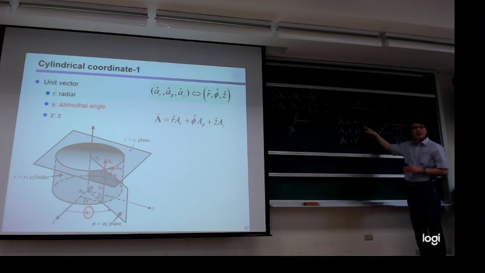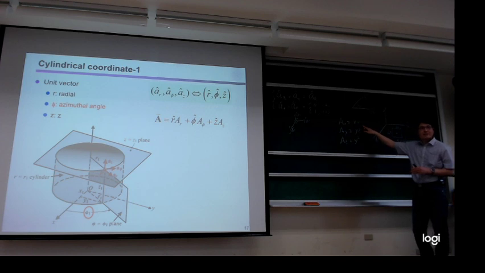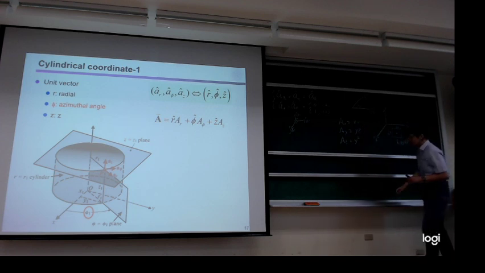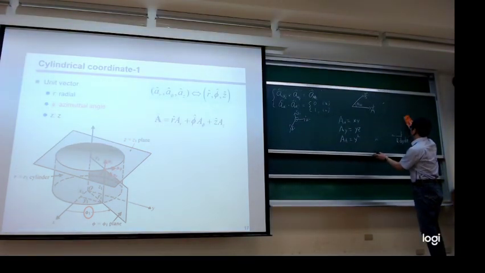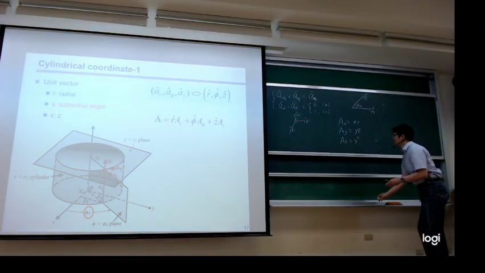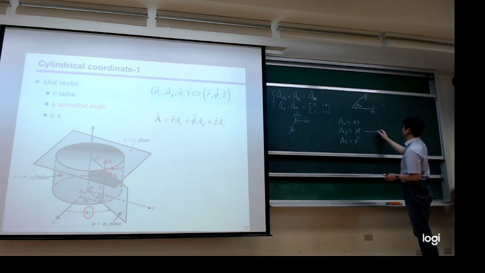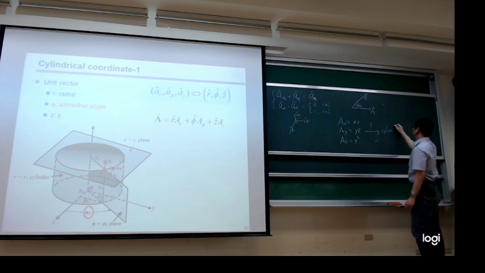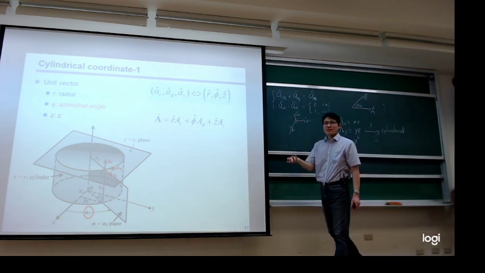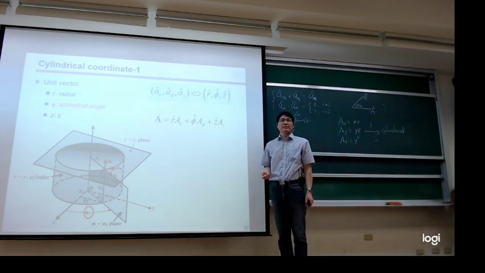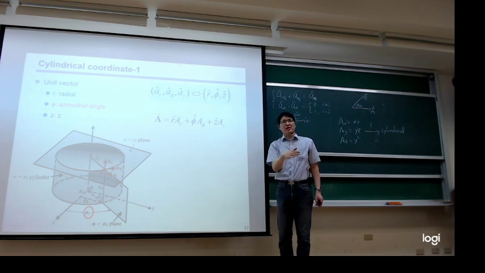What would it look like? So the question now is, how to properly transform the vector into cylindrical coordinate.